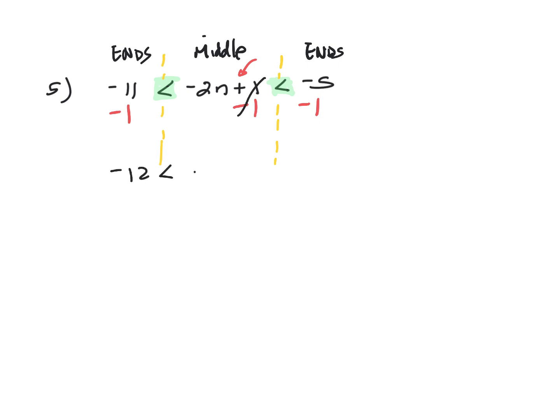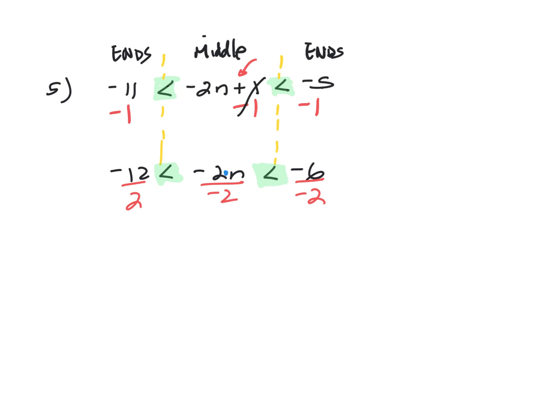That zeroes out, leaves me a -2n in the middle. And -5 and -1 is a -6. Then don't we have to undo multiplying by a -2? And we undo multiplication by dividing by a -2 to the middle and to both ends, because remember, we are solving 2 inequalities simultaneously.